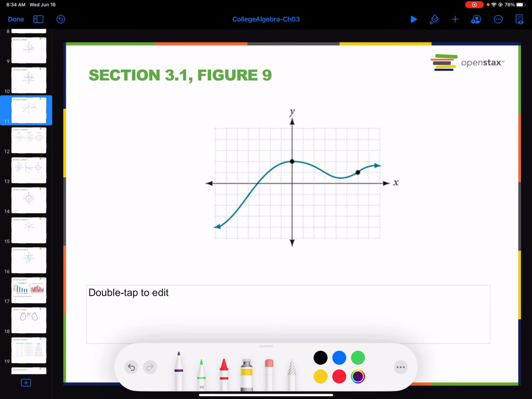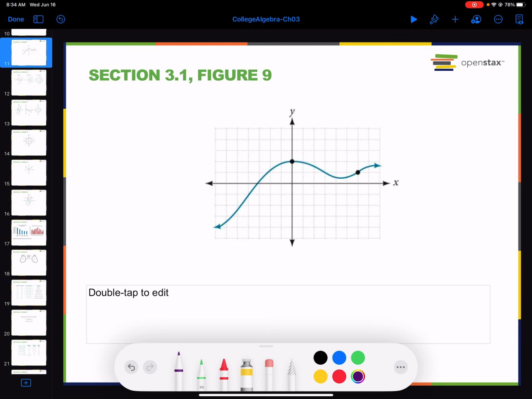Now we move on to visually being able to tell whether or not something is a function. There's something called the horizontal line test and the vertical line test. First, the vertical line test: imagine a line running across your graph vertically.